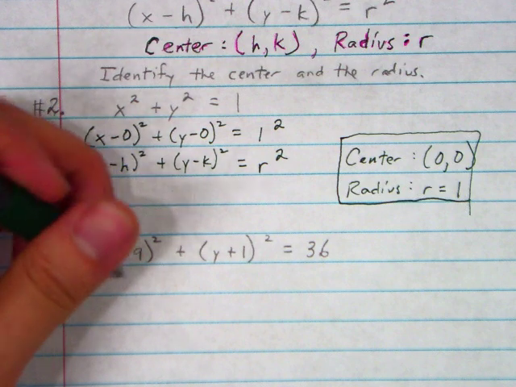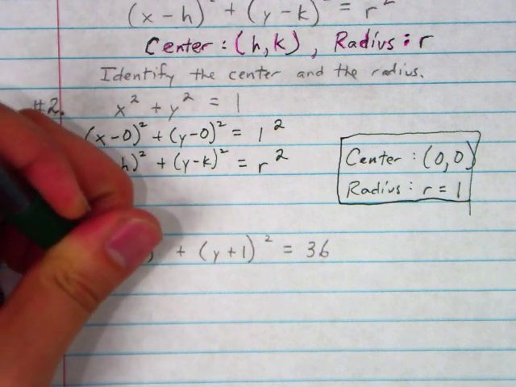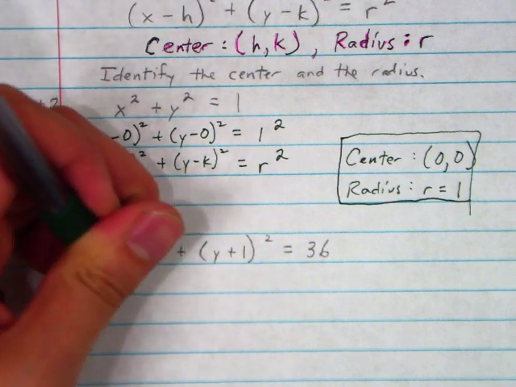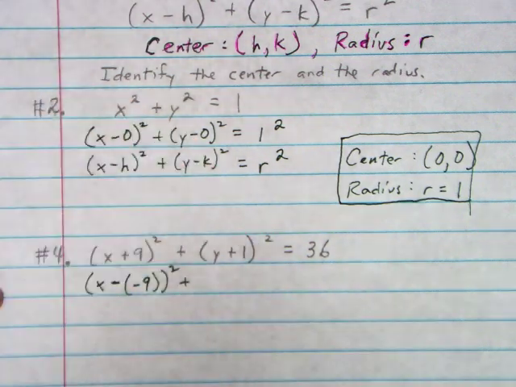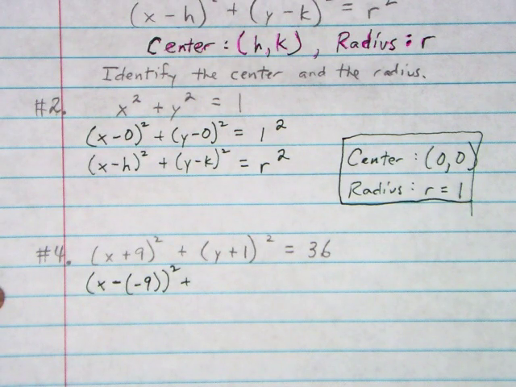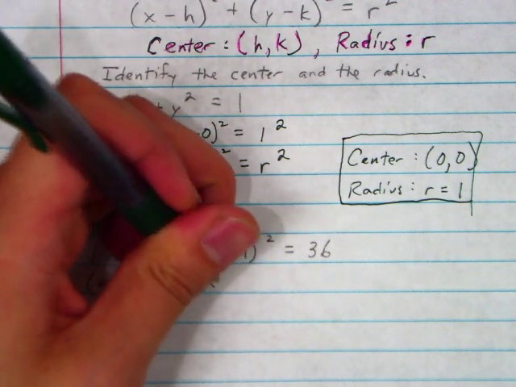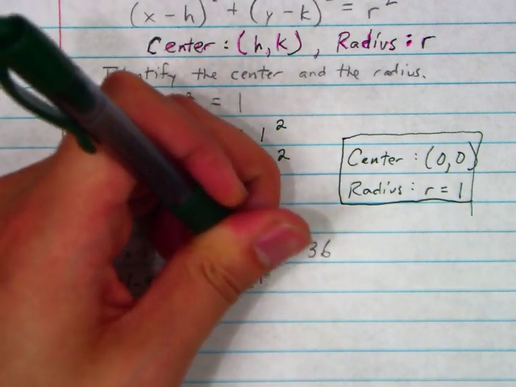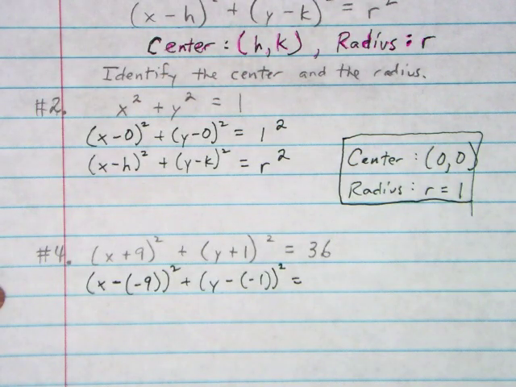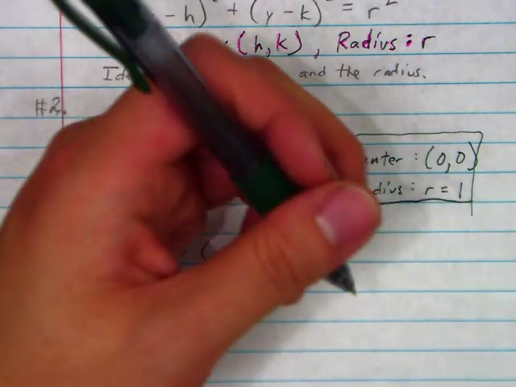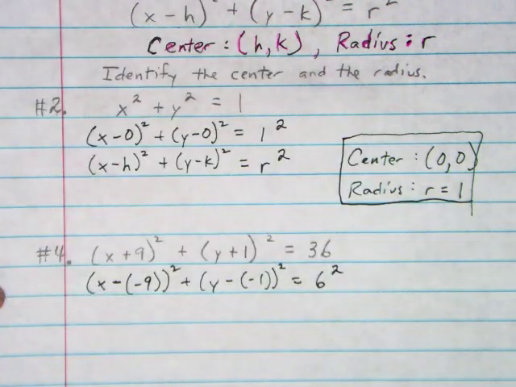So the way we'll do that is we'll just say x minus negative 9 squared plus, as you can see it's the same idea, so we'll have y minus negative 1 squared equals, and then we want to convert 36 into something squared, which is 6 squared.